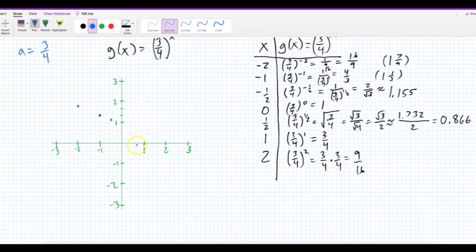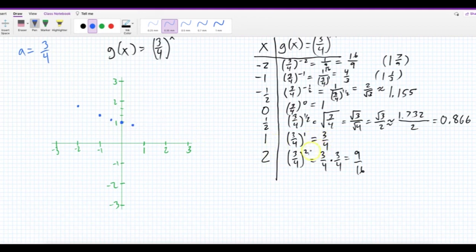Okay, 0 for our x-coordinate has 1 as the y-coordinate. Okay. Positive 1/2 has an output of 0.866. Okay. Here would be an output of 0.8, so 0.866 is a little bit higher.